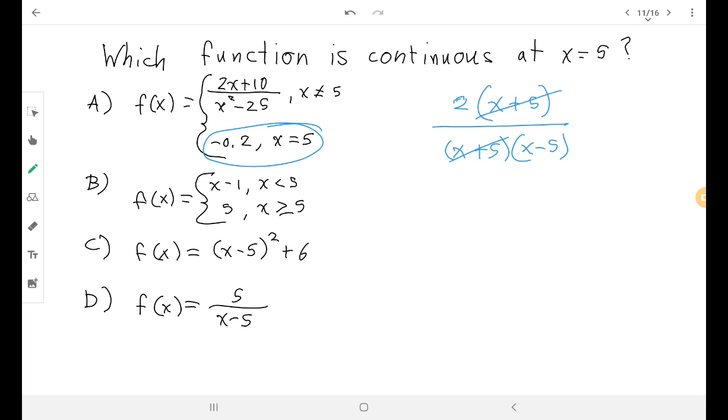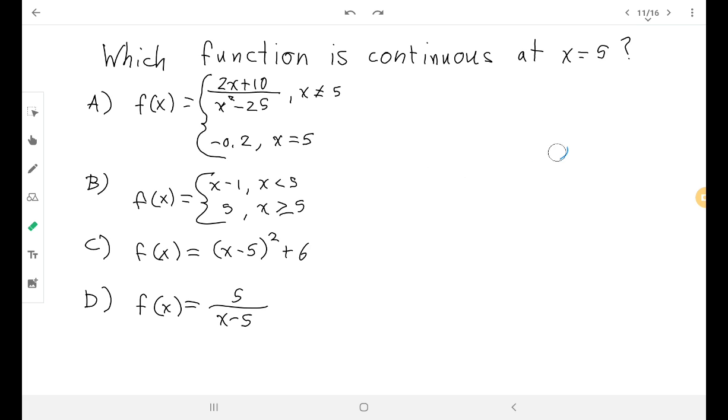And then we've got this one little point filled in for x equals 5, with a y value of -0.2. It does matter that it's x equals 5 because it only happens at x equals 5. So there's all sorts of weird stuff going on there, so that's definitely not continuous at x equals 5.